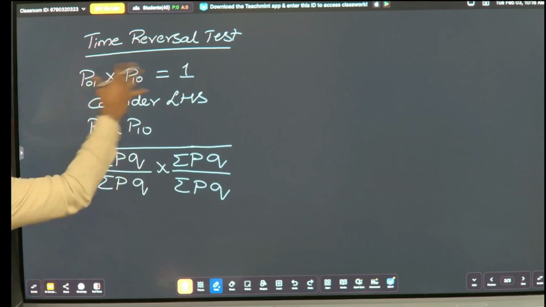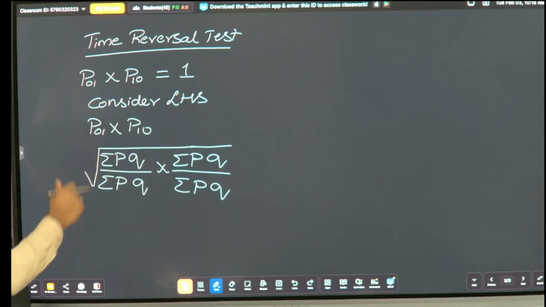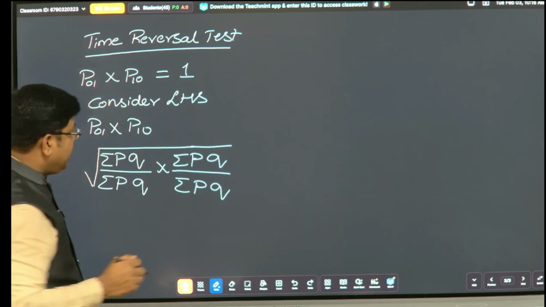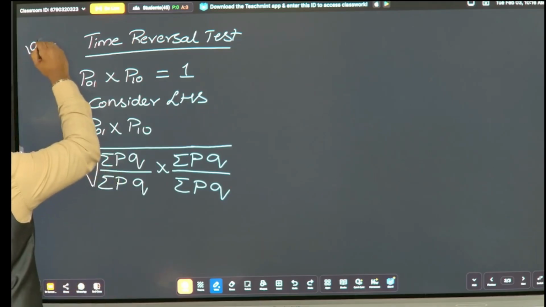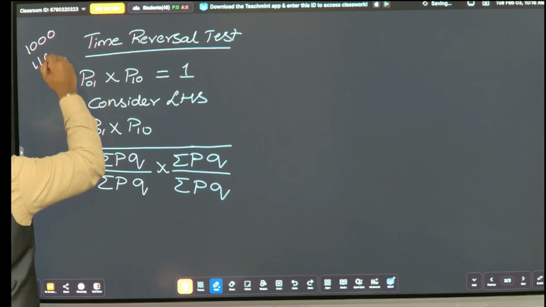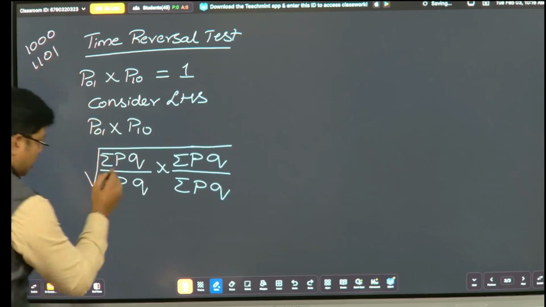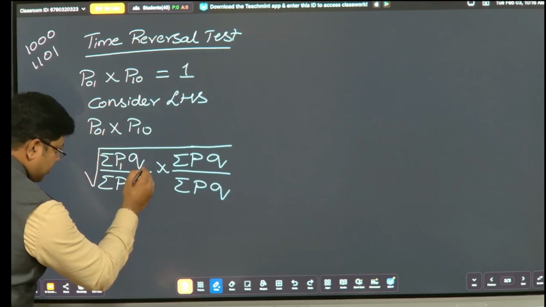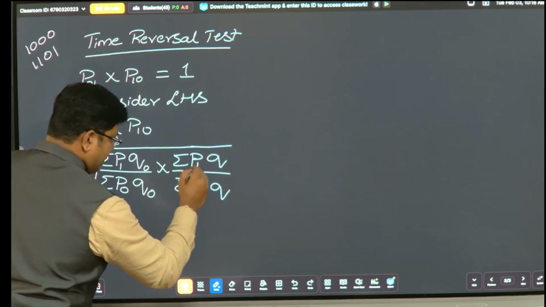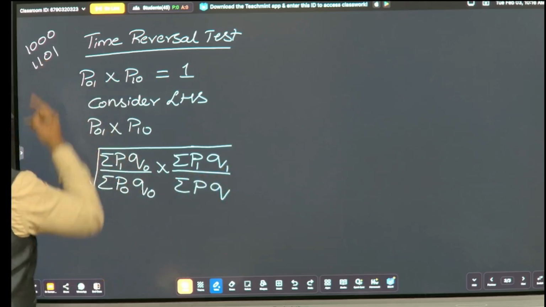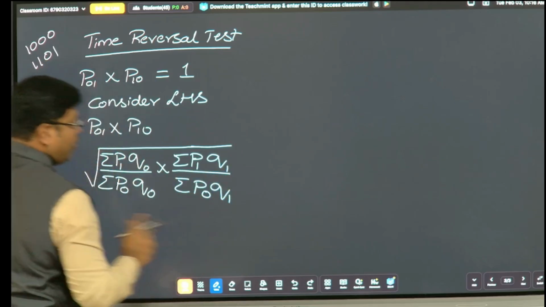Please, we are proving this, right? TRT. Which two numbers did I tell you? 1000 and 1101. So how to write 1000? 1, 0, 0, 0. 1, 1, 0, 1. Over.